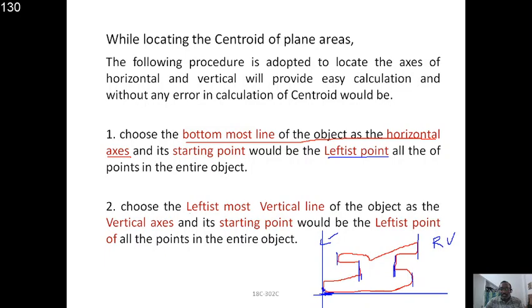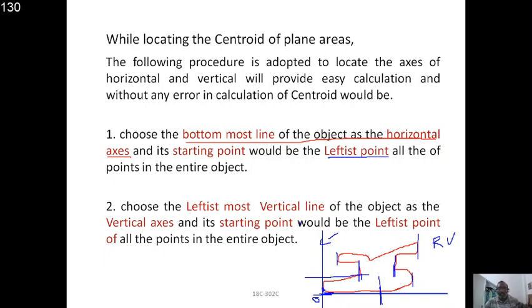Now it is easy, you locate the origin. This is the origin point O, right? From this you can calculate your x and y terms. So x and y terms can easily be calculated.